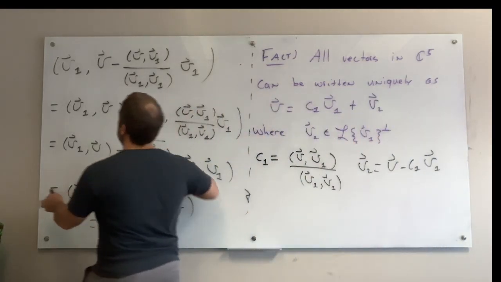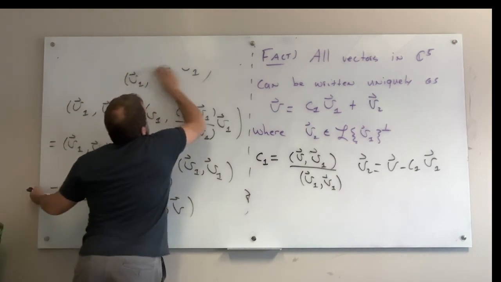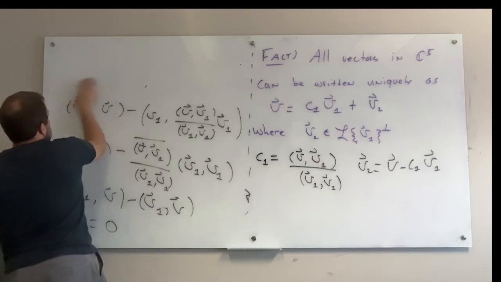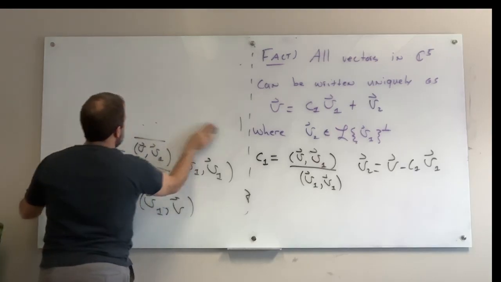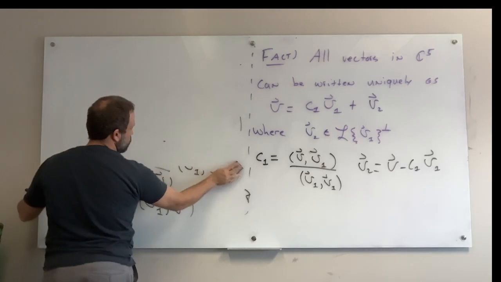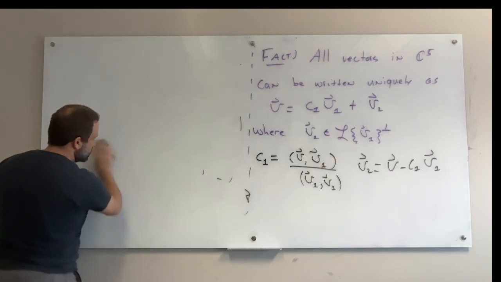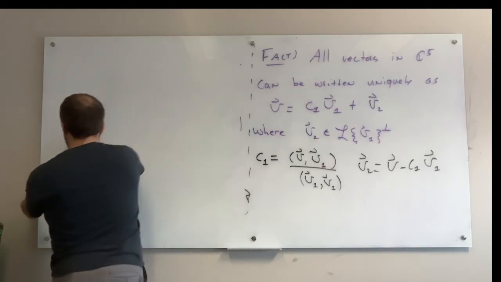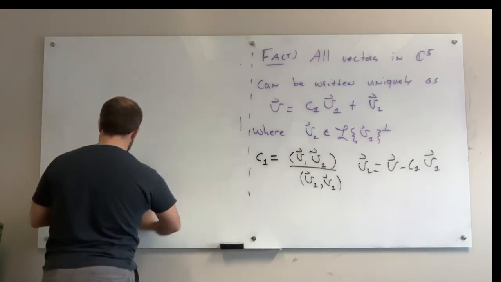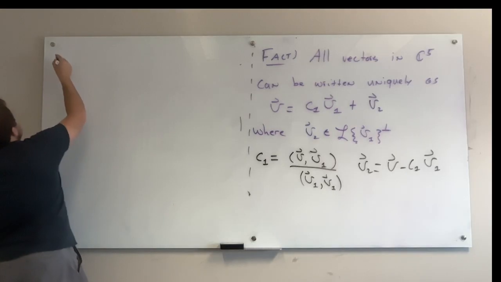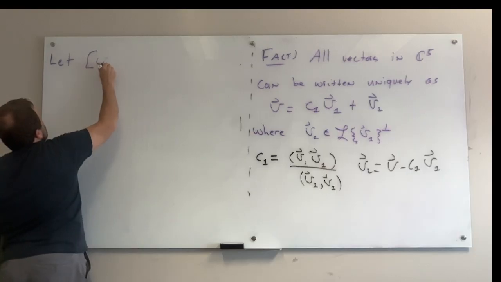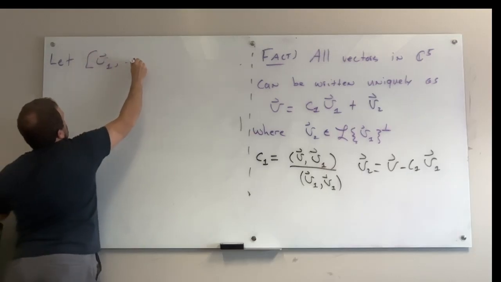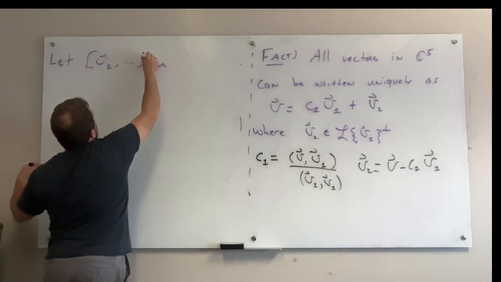Okay, but we can generalize this. And this is where the concept of orthonormality is going to really kind of shine, I guess. So we've got V1 through Vm.